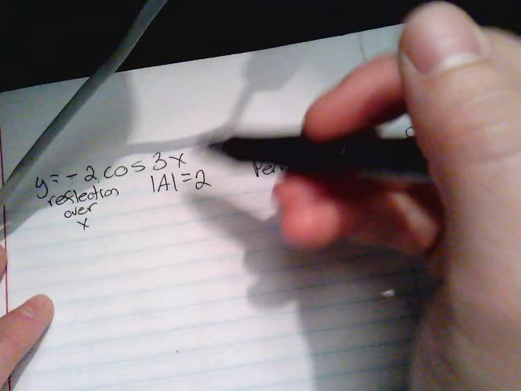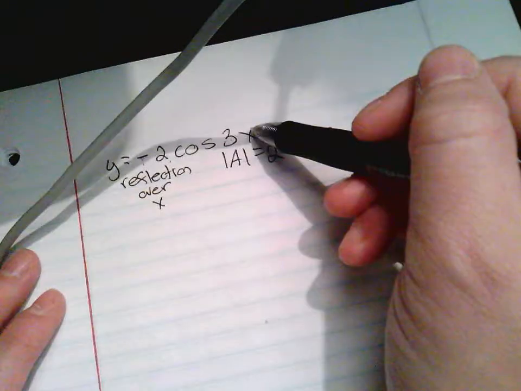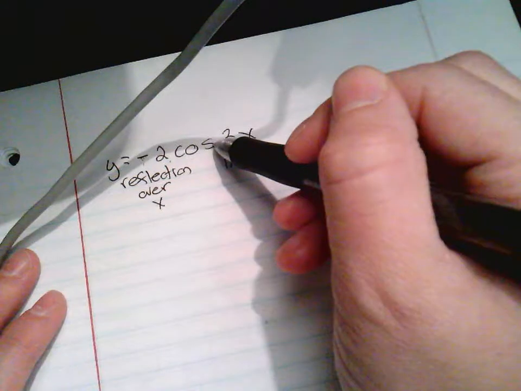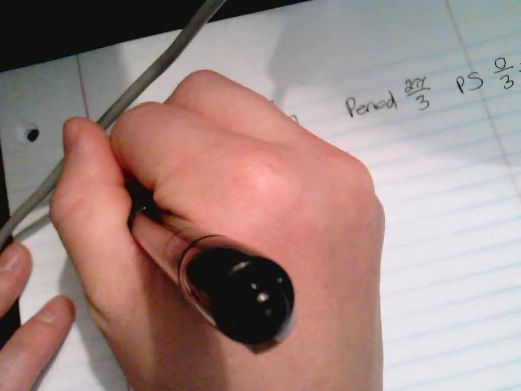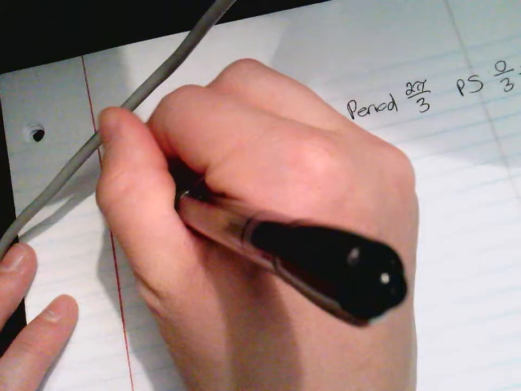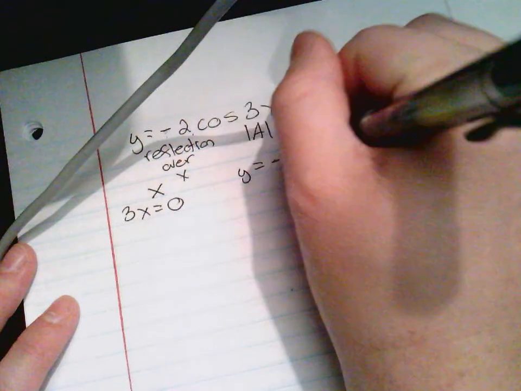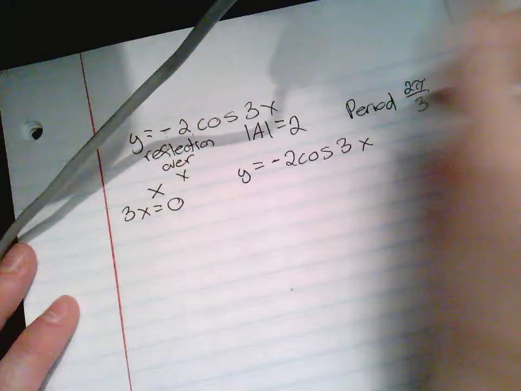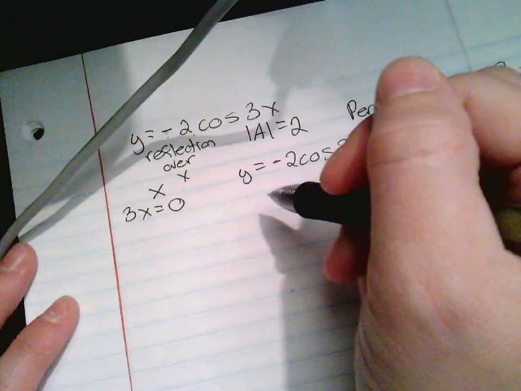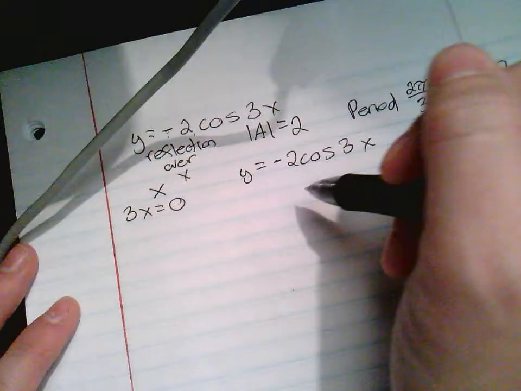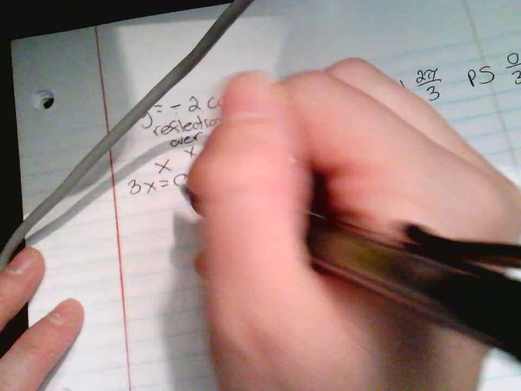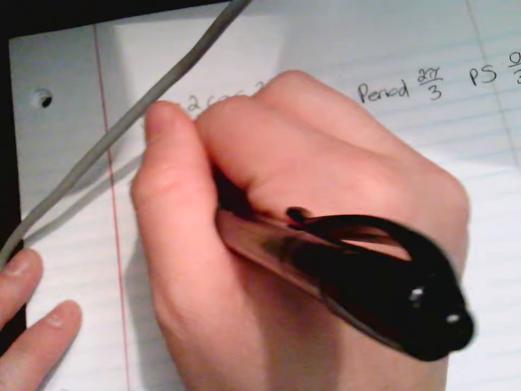Okay, so how I'm going to do this, I'm going to set whatever is after the trig function equal to the key points. So you're going to have 3x equals 0. Okay. Solve for x. This is how you get your x value, and this is how you're going to get your y value over here. This is a table of values. So solve for x: 0 divided by 3 is 0. Now put that in here. Where you see x, you're going to put 0.